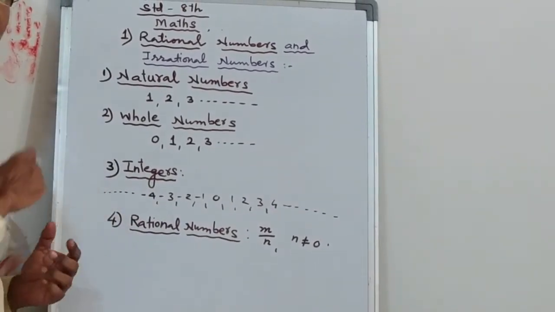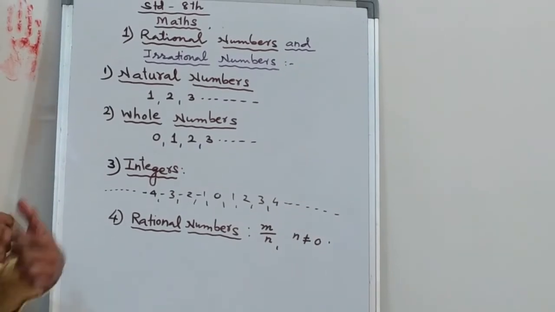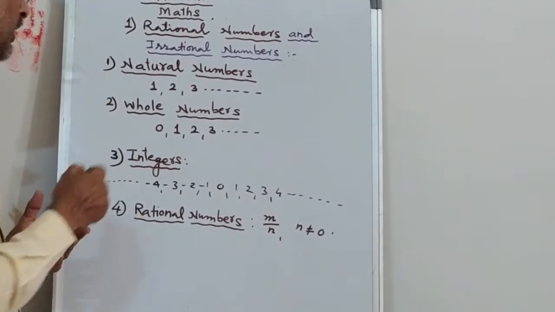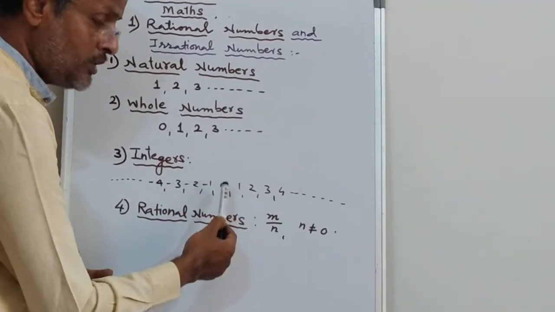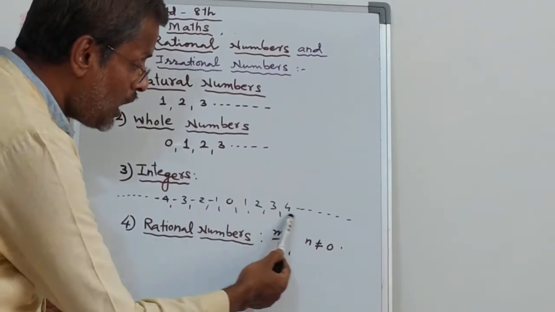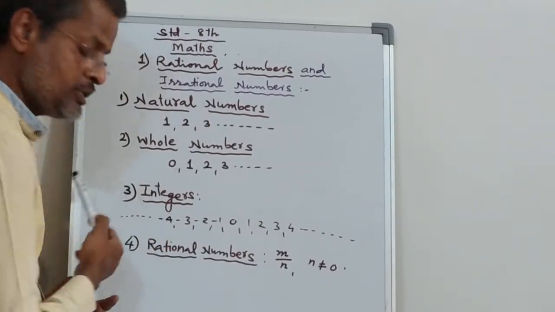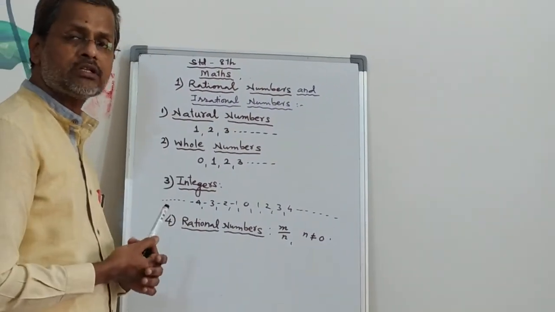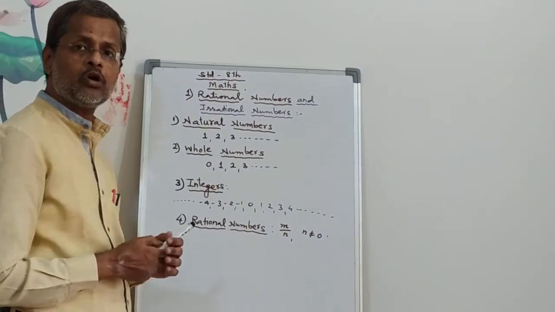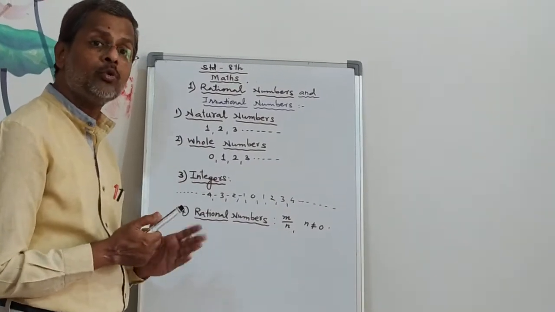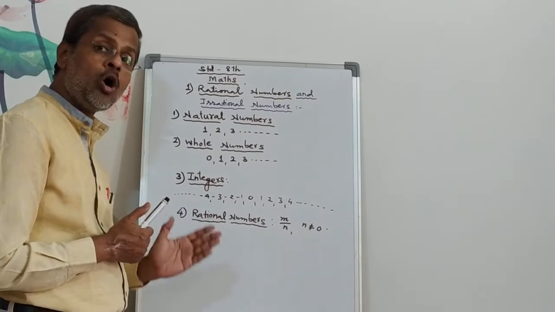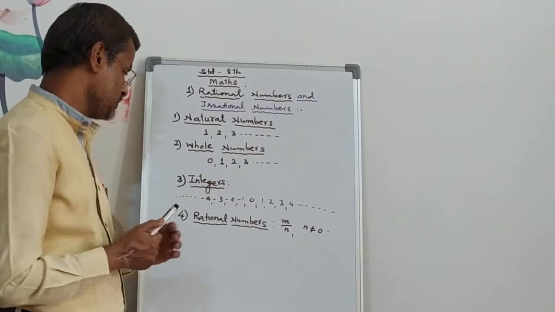Now let us turn towards integers. What are integers? Integers are nothing but natural numbers, 0 and all the opposites of natural numbers. So integers are a collection of natural numbers with 0 and all opposite numbers of natural numbers.